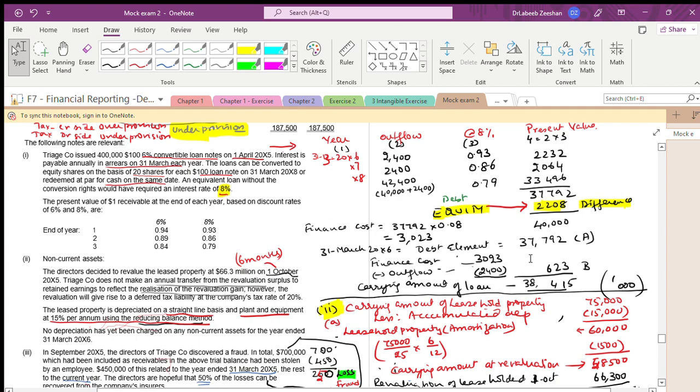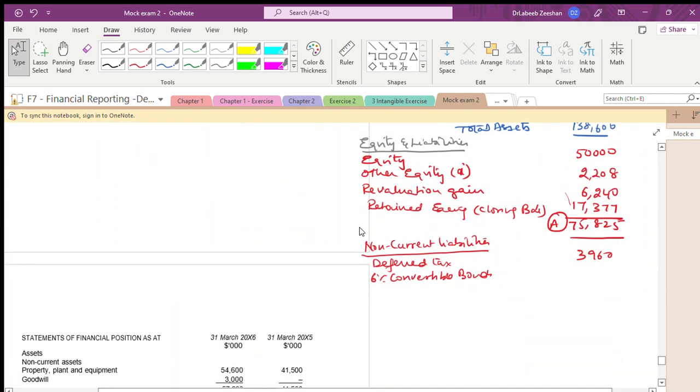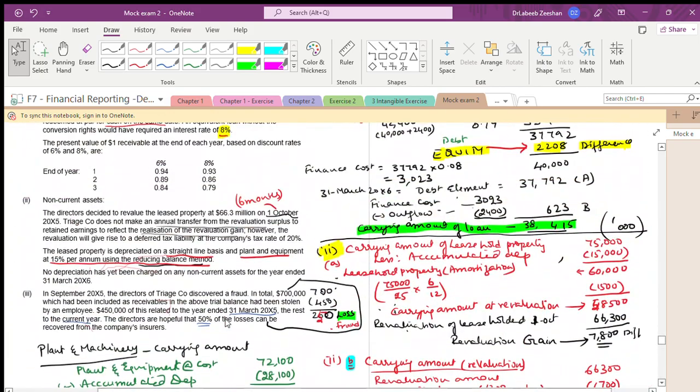Carrying amount of the loan is 38,415. Is it right? Next. We'll see what is there.